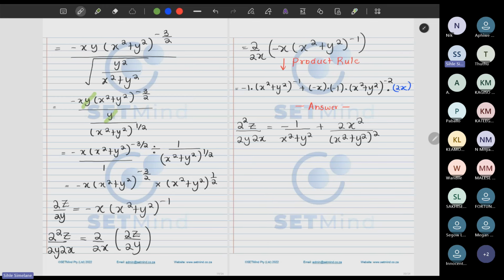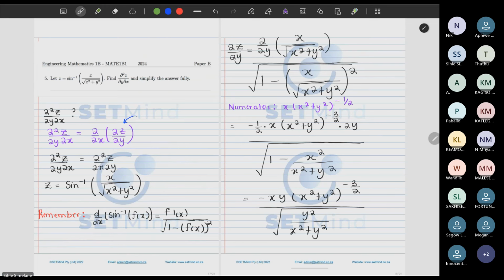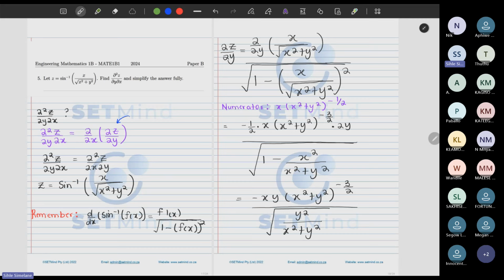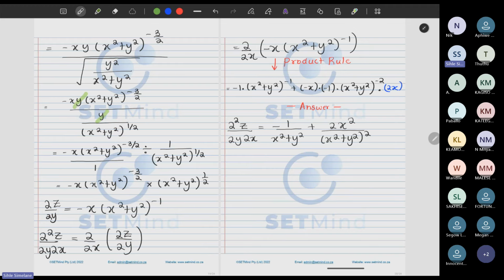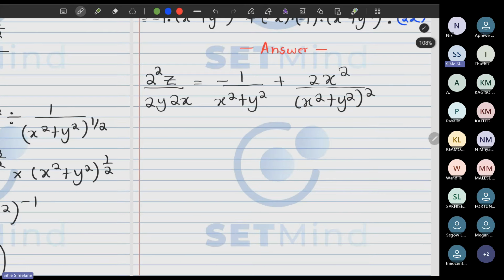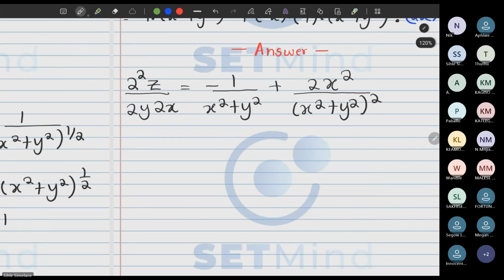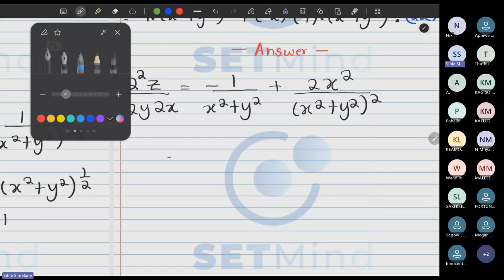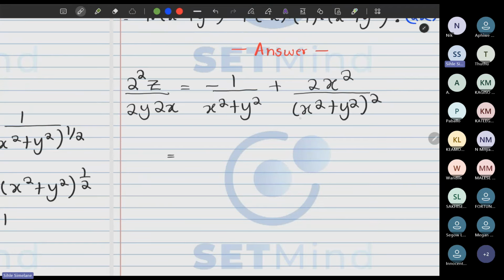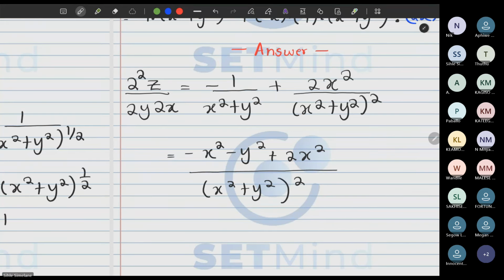Okay, so that is our answer for that question, guys. Simplify your answer fully. So we can actually try and make a common denominator here. I think, yeah, we can. So let's simplify it fully. If I multiply by the common denominator, I'll have negative y squared plus 2x squared, all divided by (x squared plus y squared) all squared.